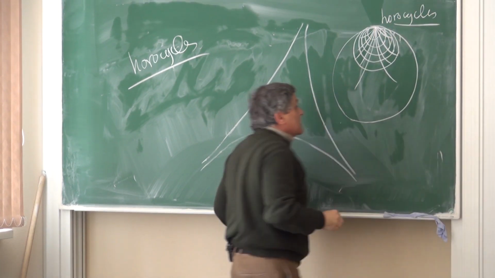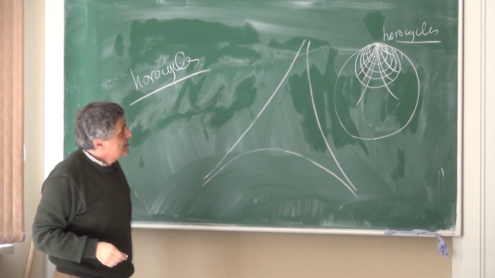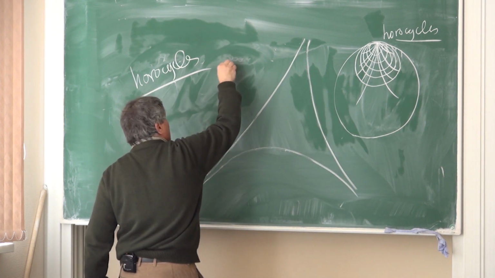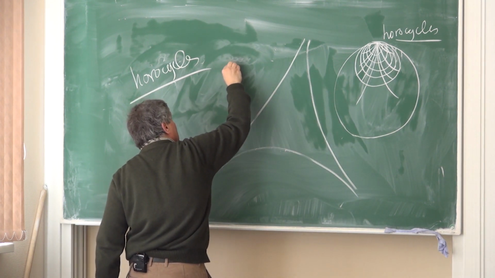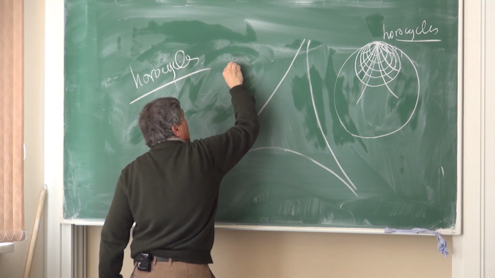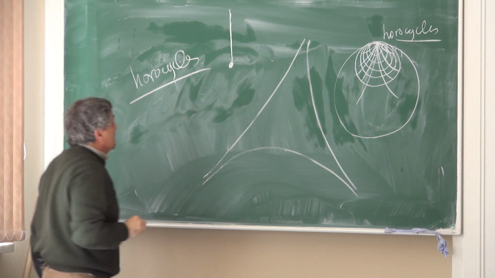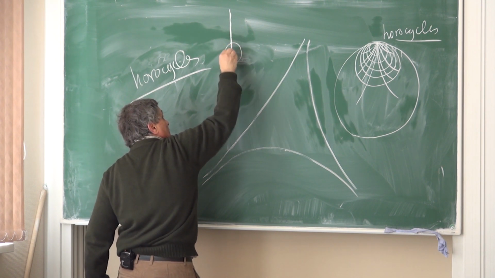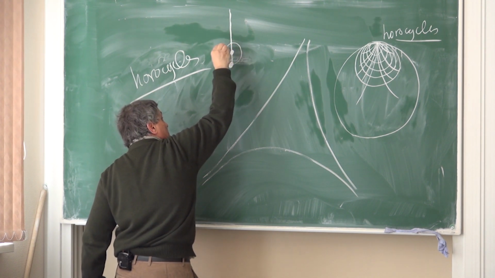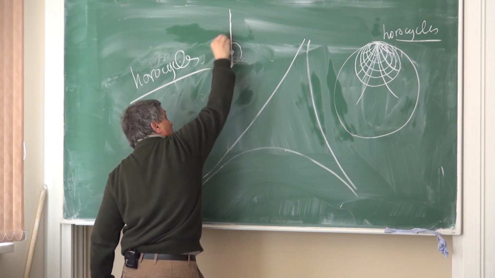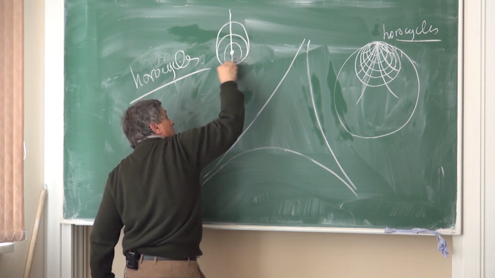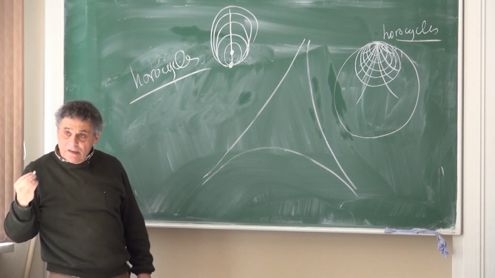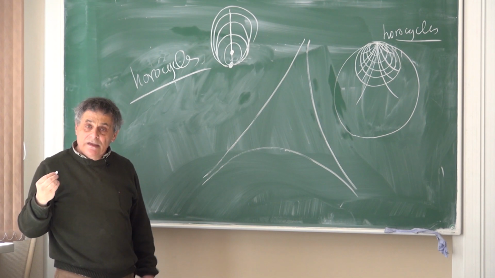We have other definitions as limits of circles. In the hyperbolic plane, you take a geodesic, and then you take a circle whose center is on this geodesic and passing through this point, and you make it greater and greater, and the limit is a horocycle.